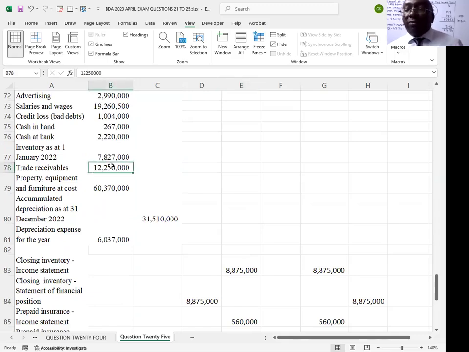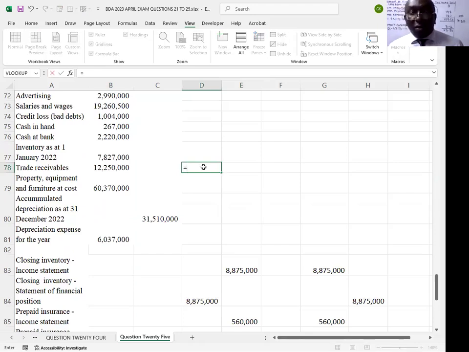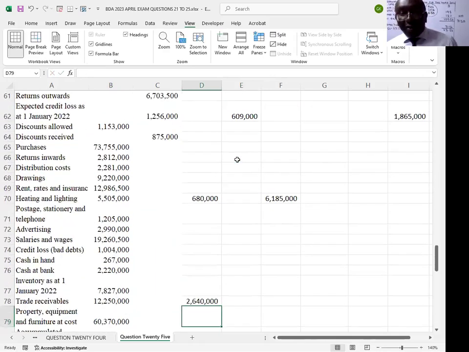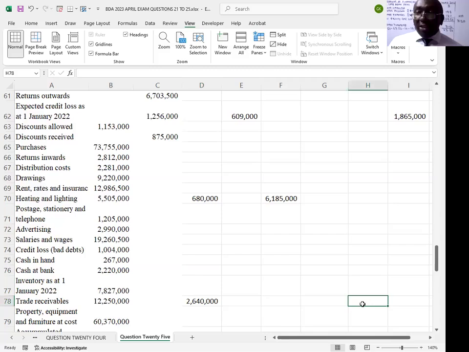So these ones, for us to increase them, we need to debit. So we debit by this amount, and then this amount needs to go to the statement of financial position. It needs to come here. So you say equals this plus this.